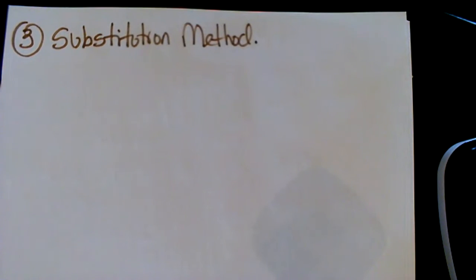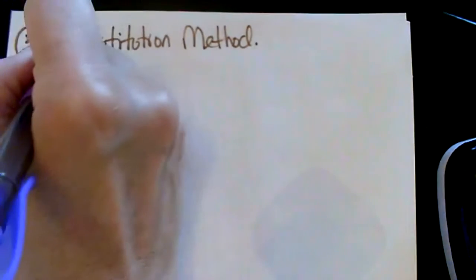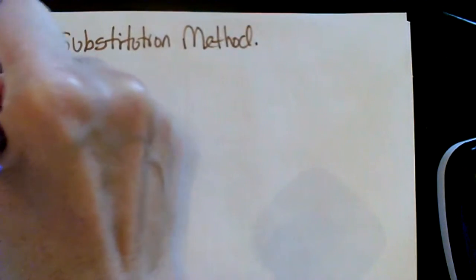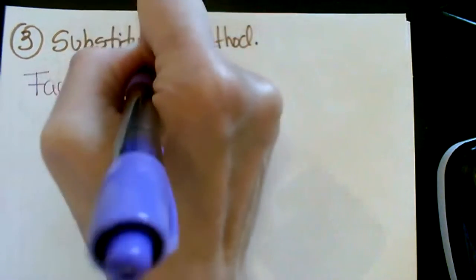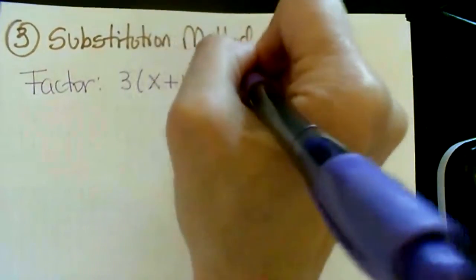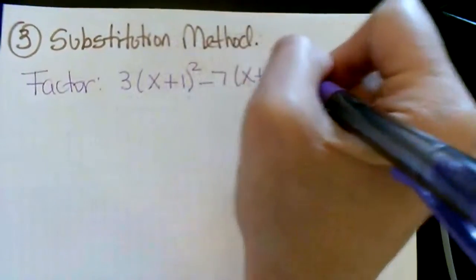That's the last one. And this one, let me just write it down. It says factor 3x plus 1 squared minus 7x plus 1.